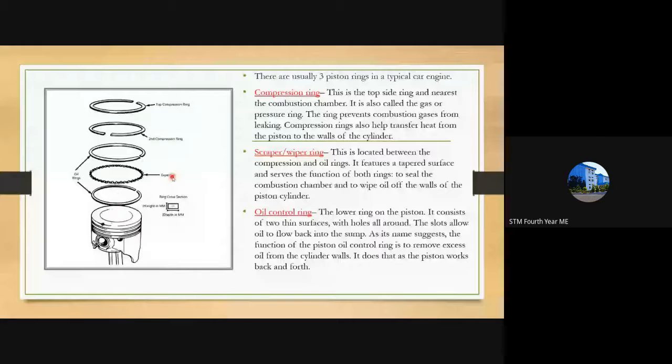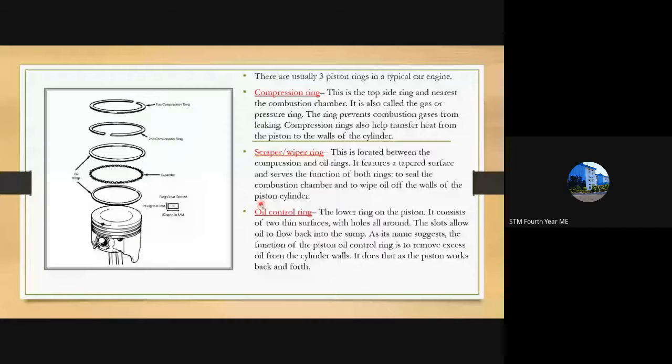The expander serves the purpose of collecting the oil which is scraped by the oil rings. The oil rings scrape the oil from the surface of the cylinder wall, and it is collected by the expander, and due to gravity it falls downwards into the oil pan. So that is the function of the oil ring.